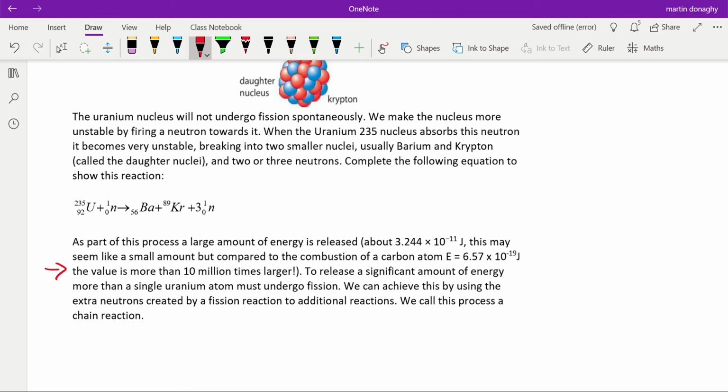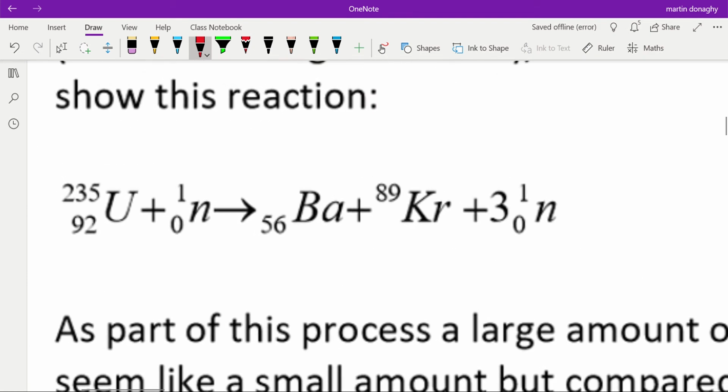Now, we can write a little equation just to show what happens in this reaction. You will not be expected to learn this off. However, you could be expected to do this in an examination. Okay, so we need to fill in the blanks on this equation.